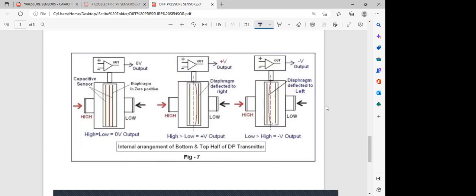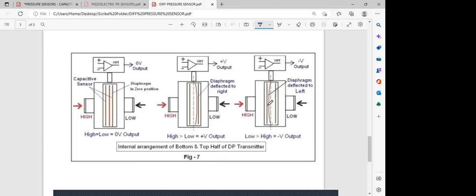On the contrary, if your water drum pressure is higher than your steam drum pressure, then that flexible diaphragm, which is a common plate for both the capacitors, is going to be deflected towards the left-hand side. And this time, this distance has become more, which means the capacitance on the right-hand side capacitor has decreased.